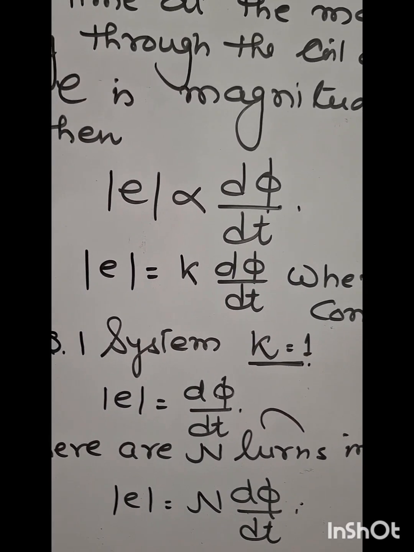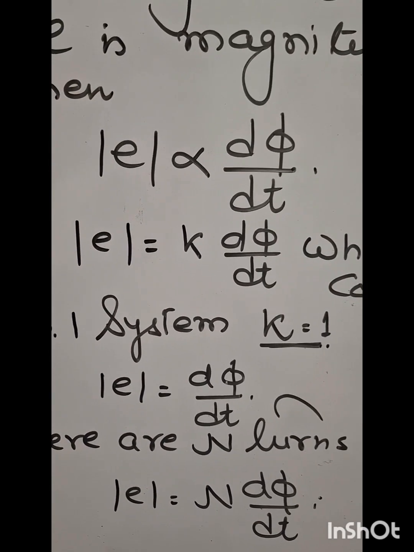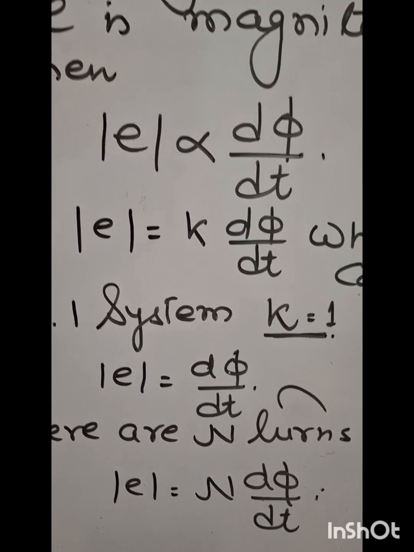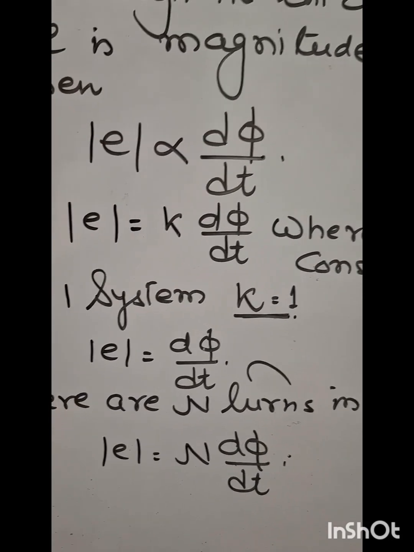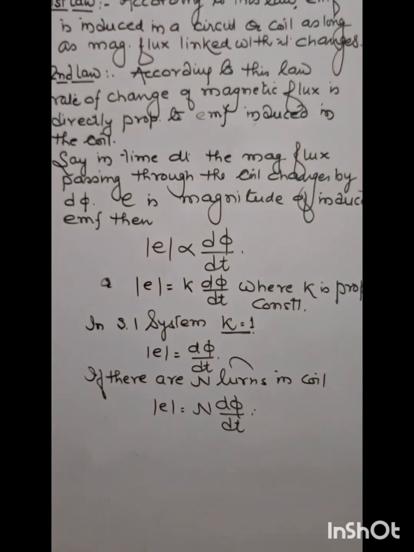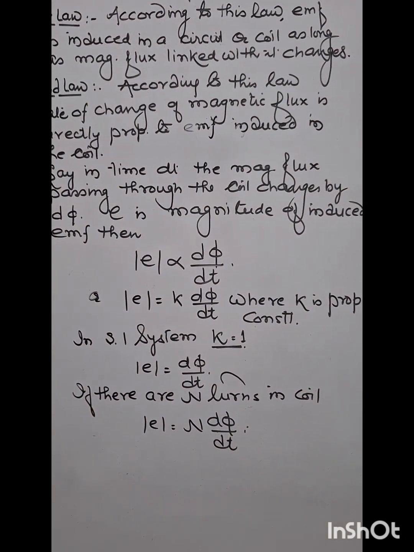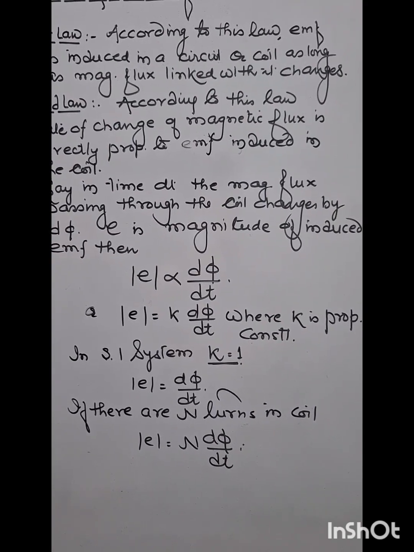To remove the proportionality sign, introduce a constant k, the proportionality constant. If we are using the SI system, then the value of k becomes equal to 1 and the magnitude of induced EMF is given by E = dφ/dt.